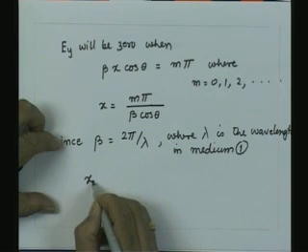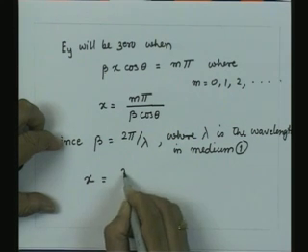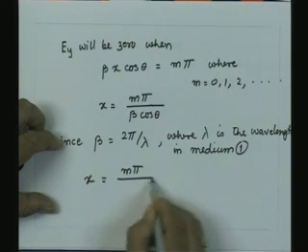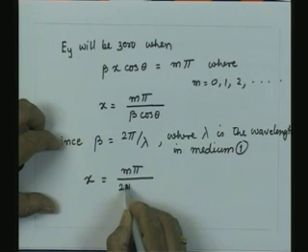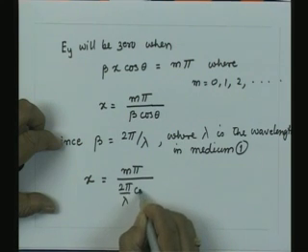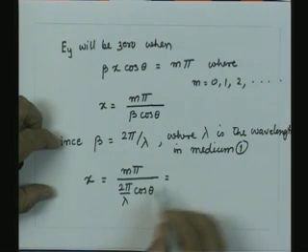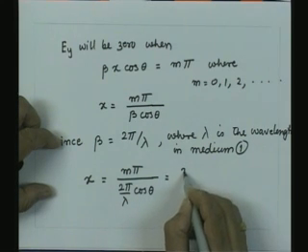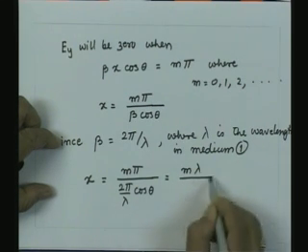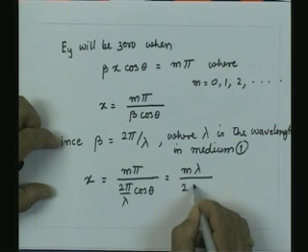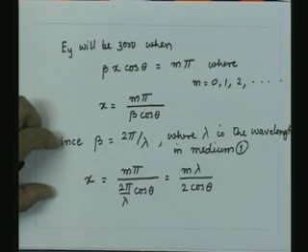So, we can substitute, and we get the value x will be m pi divided by (2 pi by lambda) cos theta, that is m lambda divided by 2 cos theta.